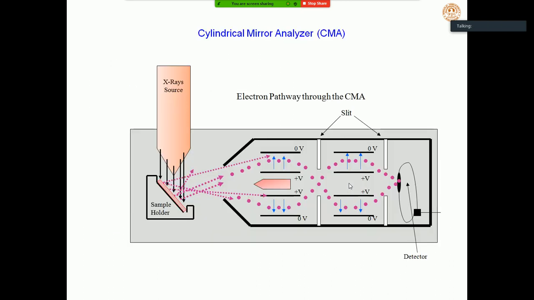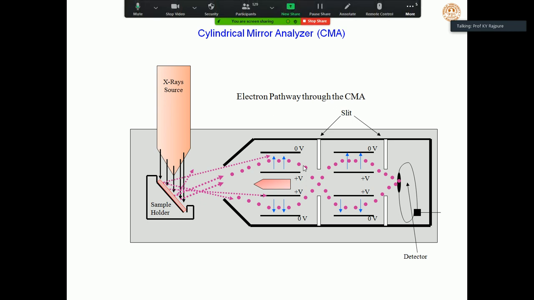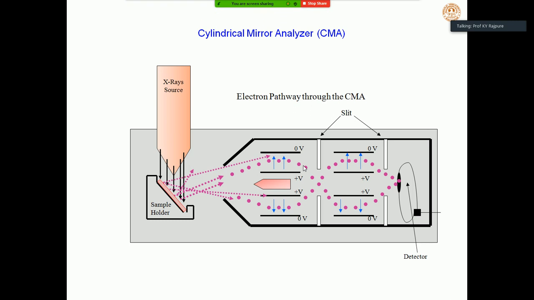In the cylindrical mirror analyzer, the electrons are allowed to fall in two mirror cylinders which are coated from inside, one cylinder inside the other cylinder. The outer cylinder is given zero bias and the inner cylinder is given a relatively positive bias.